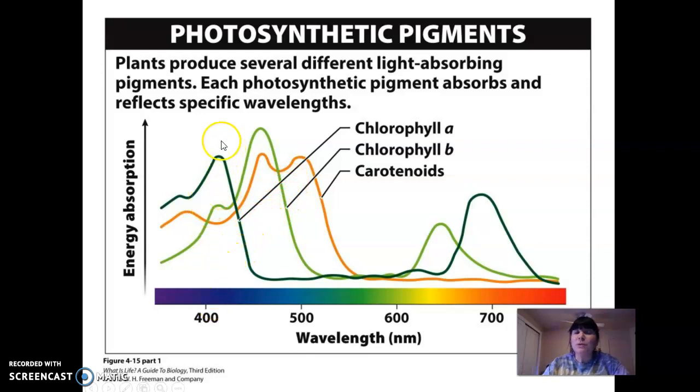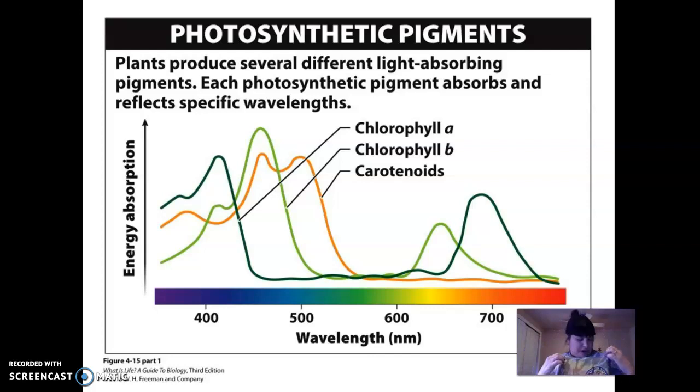They absorb blue light and red light, okay? And in reality, the reason the leaves look green is because they are reflecting the green. So for example, when you look at light, it's white, it has all the colors in it, okay?